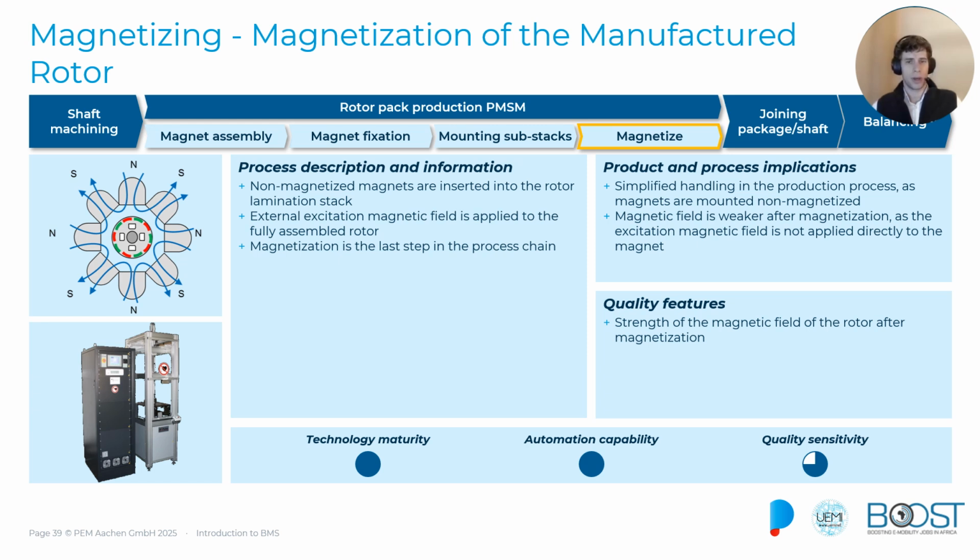But the magnetic field is weaker after magnetization in the assembled rotor, as the excitation magnetic field is not applied directly to the magnets.